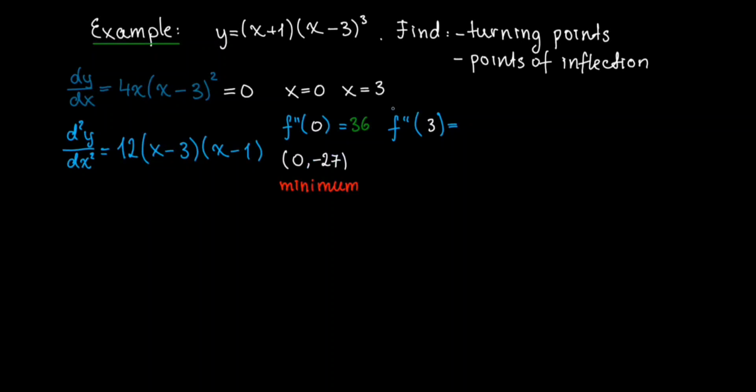However, here comes the interesting part. When we plug in 3 into the second derivative, what we get is 0. We don't know if that is positive or negative. 0 does not carry any sign with it. So immediately, this information will tell us that at x equals to 3, we don't have a turning point, rather we have a horizontal point of inflection.